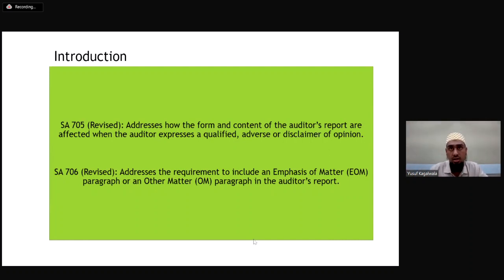It gives clarity on in what scenario an opinion can be qualified, adverse, or a disclaimer. SA 706, the revised standard, addresses the requirement to include an emphasis of matter or an other matter para in the auditor's report, its placement, the wordings, and how it can be properly drafted. All these things are covered in SA 706.